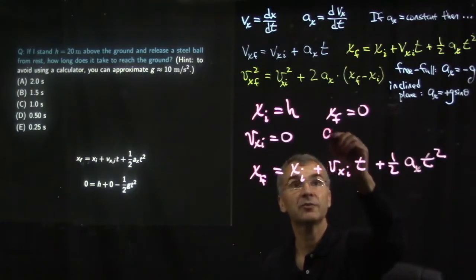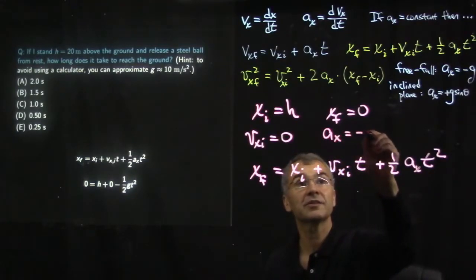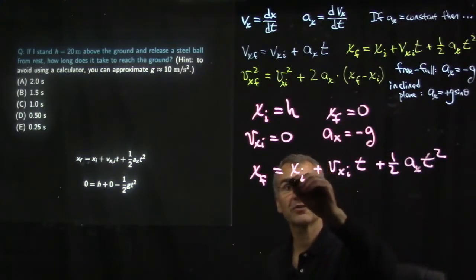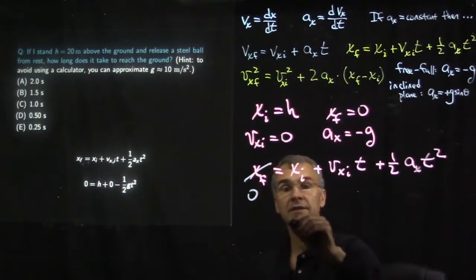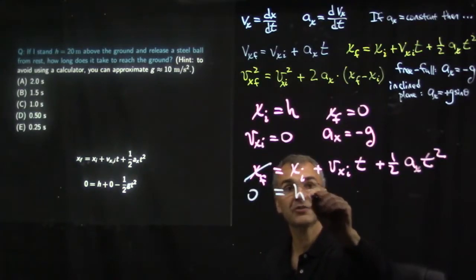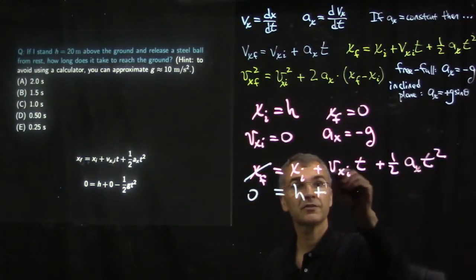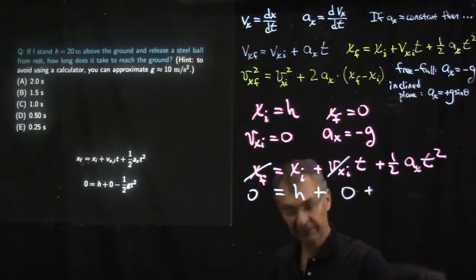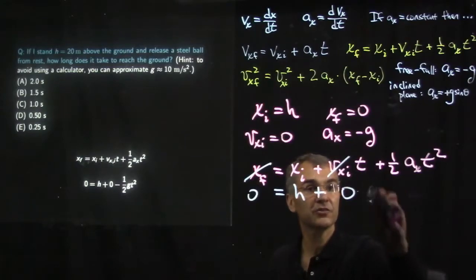And we know that a sub x is minus g. So we can cross this off. This is 0. And we know that this is h, and this is 0, and this is actually minus, because a sub x is minus g.